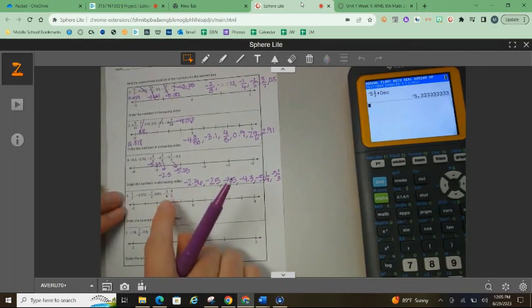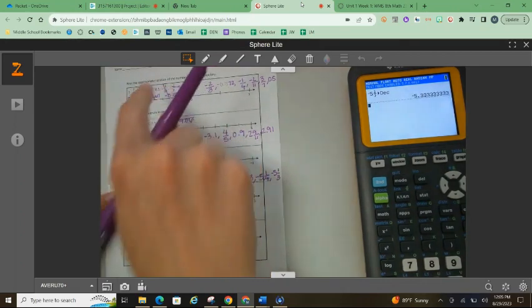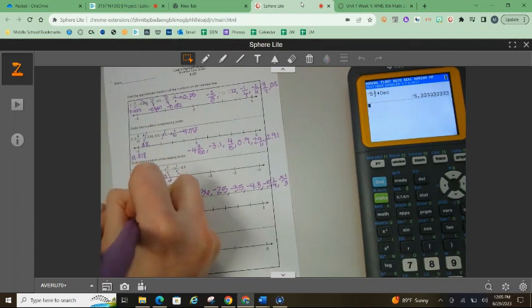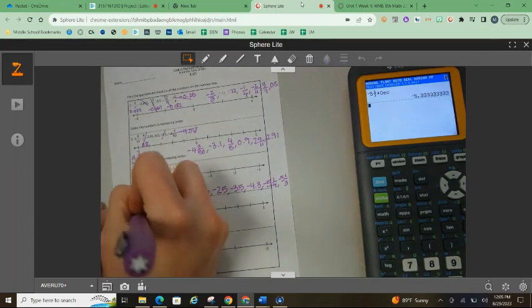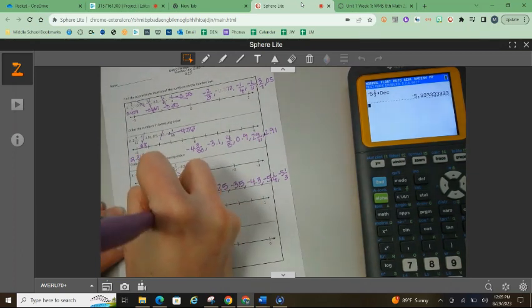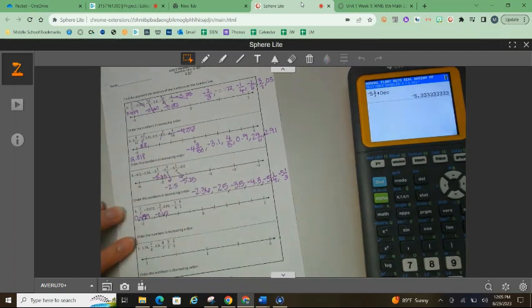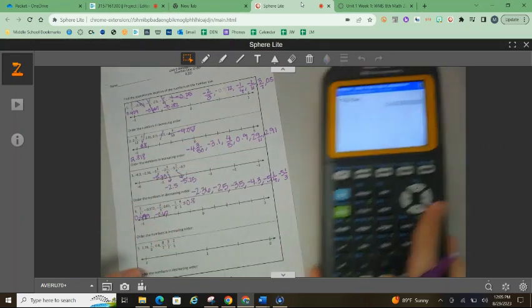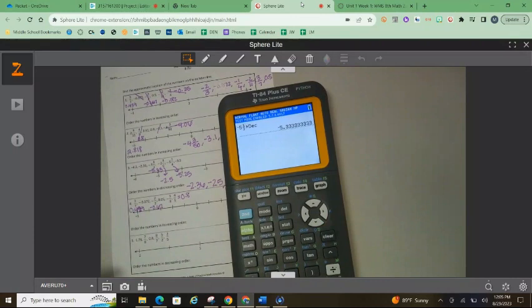All right, we see here we have some of the same ones from above, so I'm just going to copy them down. We already did 3/7 is 0.429, oops. Okay, negative 2/3 is negative 0.67. And then 4/5 we already found out is 0.8. So the only one I needed to change this time was negative 1/8.